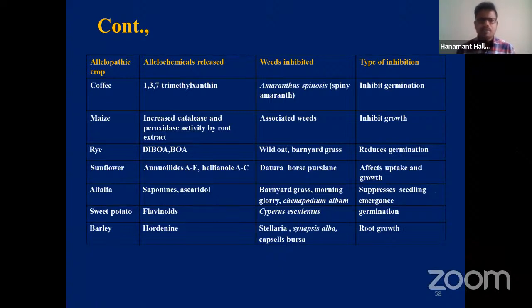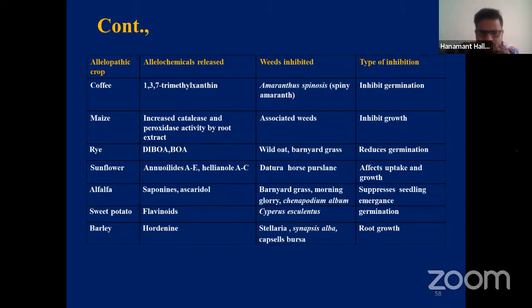Only some of the important practices we are following in case of allelopathy, such as if we grow crops like sunflower, and immediately after the sunflower crop we take up the sowing of some sensitive crops, the germination percent will be reduced, mainly because of chemicals released during the decomposition of sunflower plant residues.